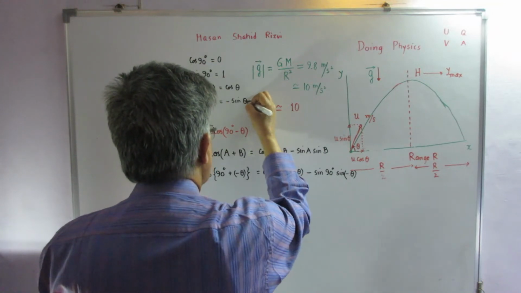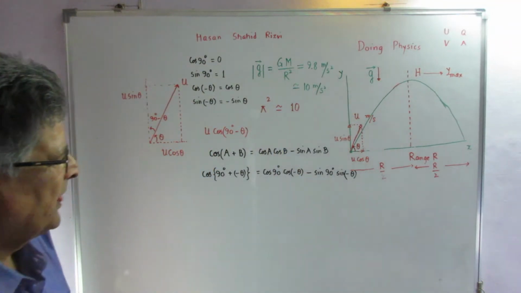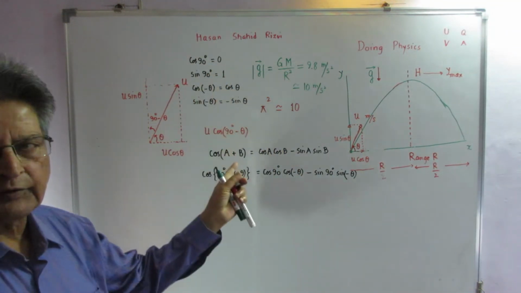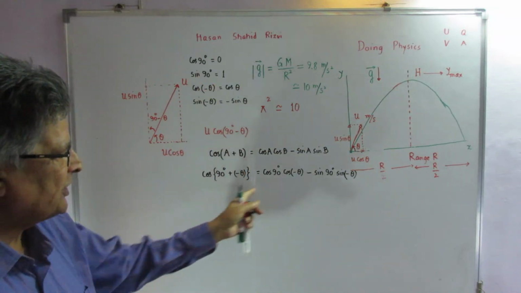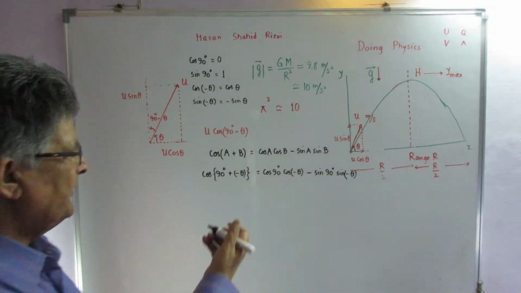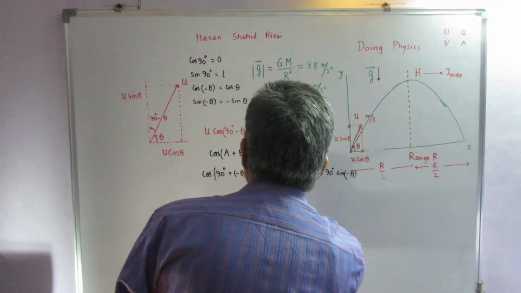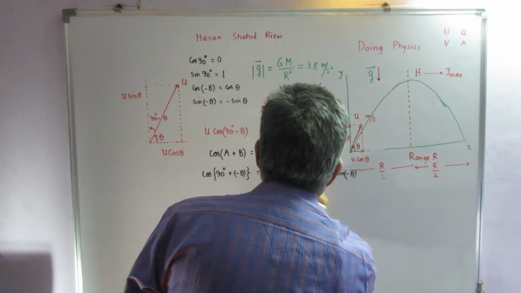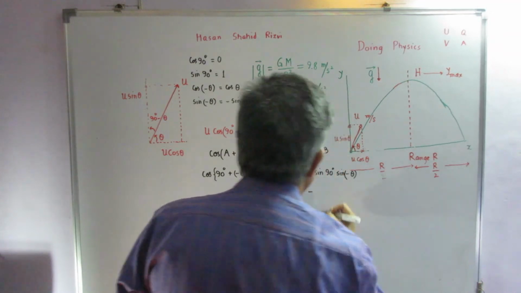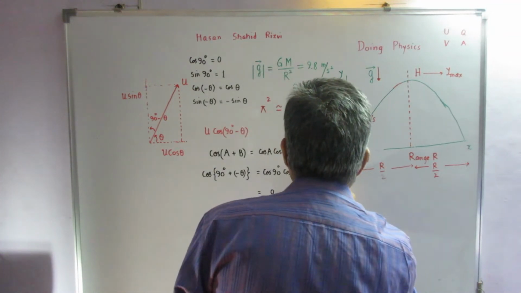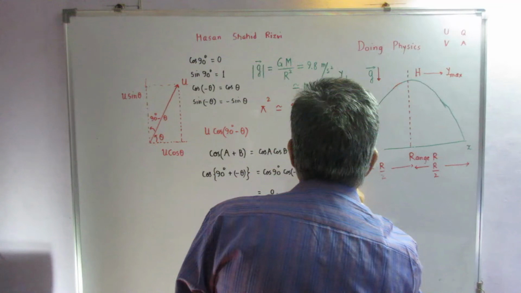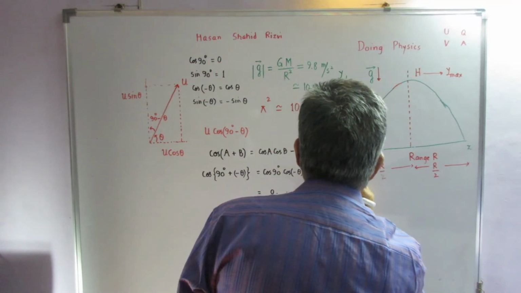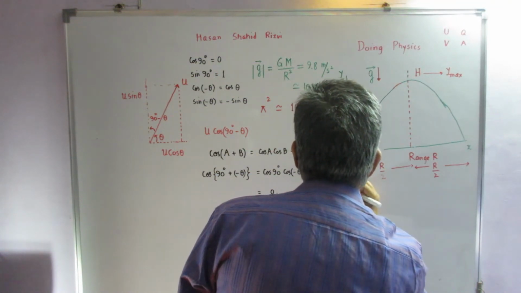These are the things which we can scribble as a student on a piece of additional paper, and then substitute, and we obtain cos of 90 degrees equal to 0 multiplied by something, minus 1 into minus sine theta.